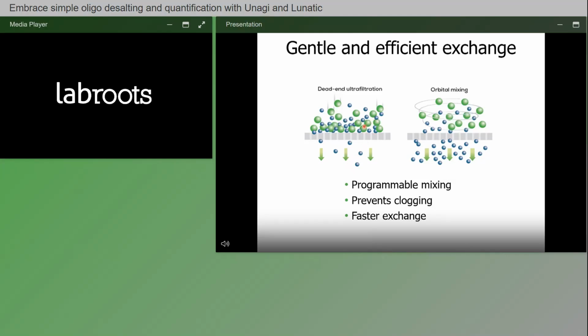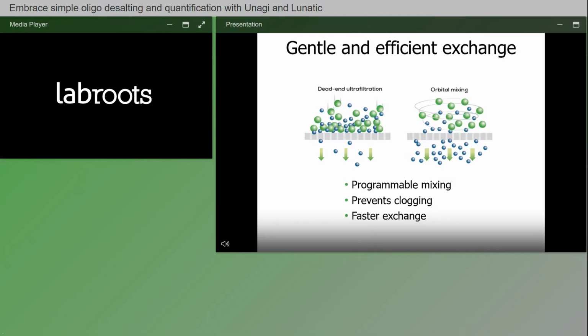And what happens is your solutes are left behind, but at a higher concentration right at that membrane, where they're also pushed down to. If you add in Unagi's orbital mixing to the pushing of smaller particles through the membrane, you continue to redisperse those large molecules in your sample, and you don't have to worry about those membrane effects where there's very high amounts of particles present at the membrane.